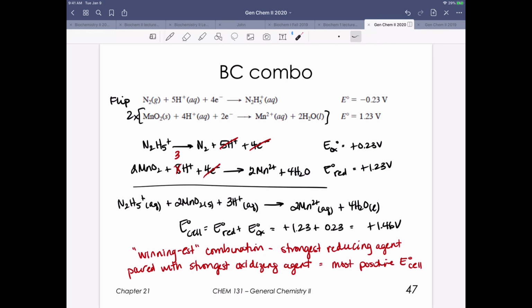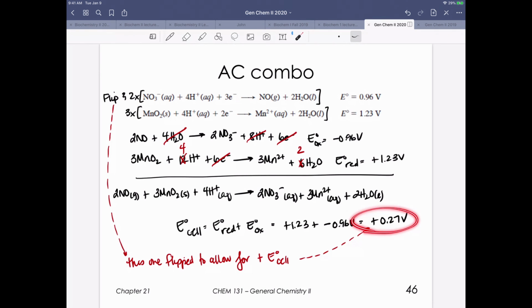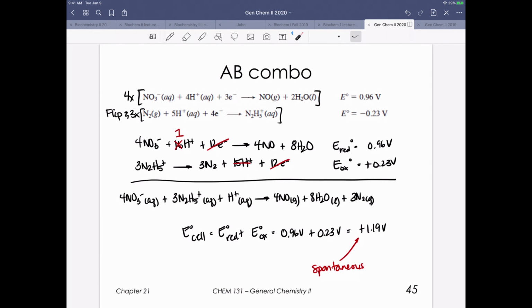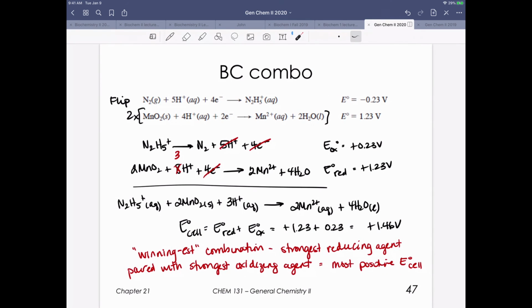Now, one of the things I want to highlight here as we wrap up is this is what we might call the winningest combination. Looking back, this one has the most positive E cell, 1.46, compared to 0.27 and 1.19. So that was the most favorable E cell. Not surprisingly, it had the strongest reducing agent paired with the strongest oxidizing agent.